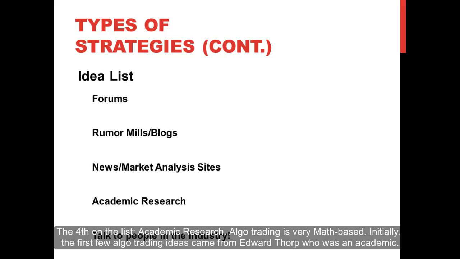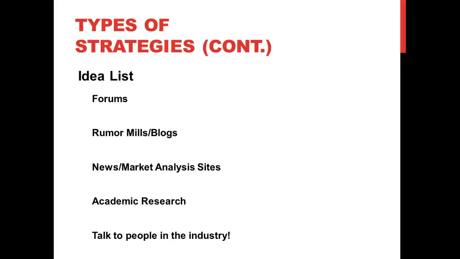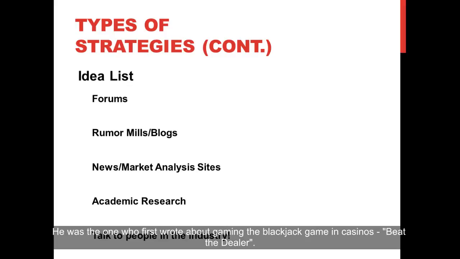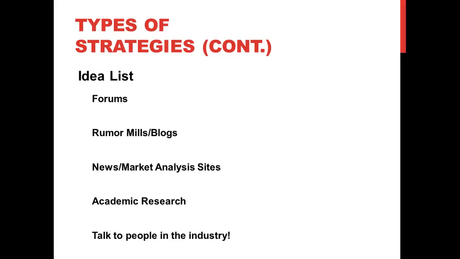The fourth on the list is academic research. Algo trading is a very math-based kind of trading. Initially, the first few algo trading ideas came from Edward Thorp, who is an academic. He's the one that first wrote the book about gaming the blackjack game in casinos, called Beat the Dealer.